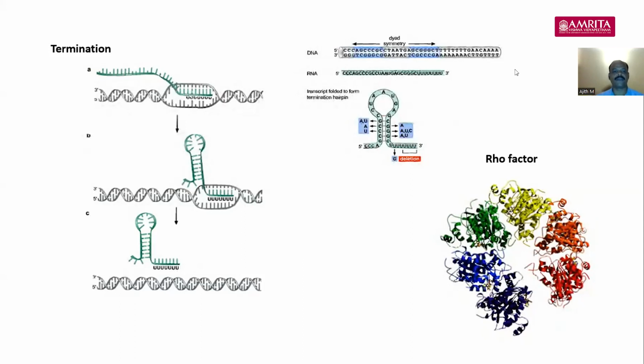Termination is really interesting. There are two types of termination based on the requirement for a particular protein, which is called the Rho protein. Rho protein, as it is indicated, 1, 2, 3, 4, 5, 6, is made up of hexameric subunits. It's a hexameric protein. Whenever the polymerase reaches a termination site, a particular sequence, the Rho protein goes and attaches to it.